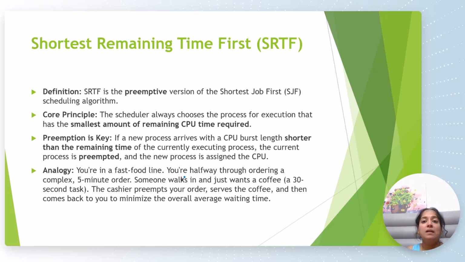Then shortest remaining time first. It is the preemptive version of shortest job first. If a process is executing and at the same time a new process with a smaller burst time comes in the queue, the CPU will stop the current process and start executing the process with the smaller burst time.